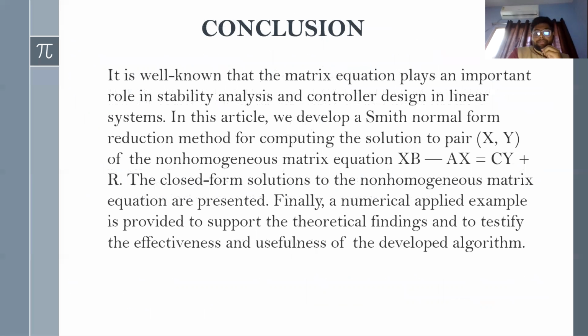The conclusion of these solutions of matrix equations is that it is well known that the matrix equation plays an important role in stability analysis and controller design in linear systems. In this article, we develop a Smith normal form reduction for computing the solution to the pair of non-homogeneous matrix equations XB minus AX plus equals CY plus R. The closed form solutions to the non-homogeneous matrix equation are presented.